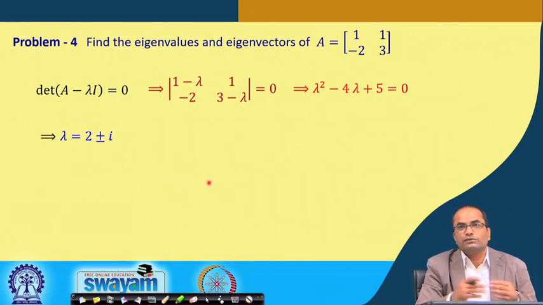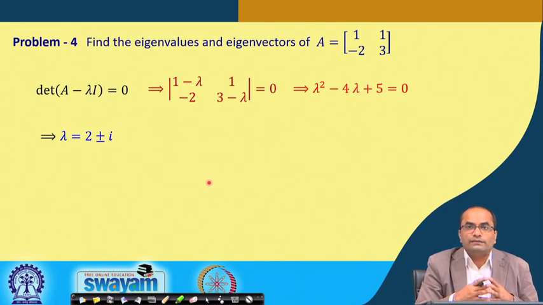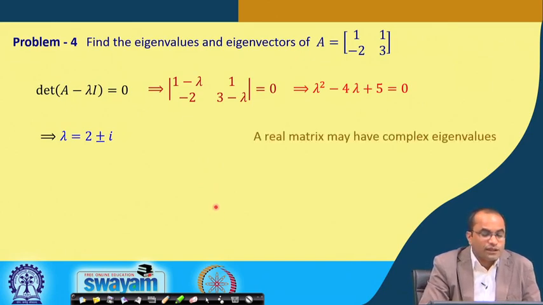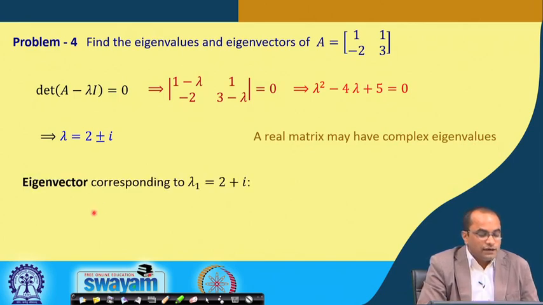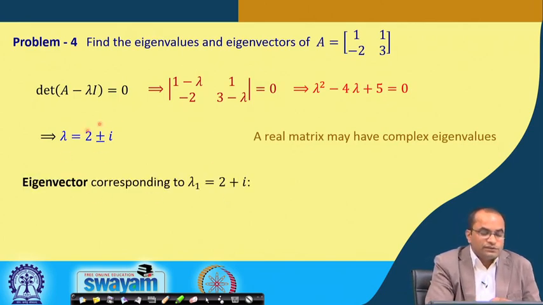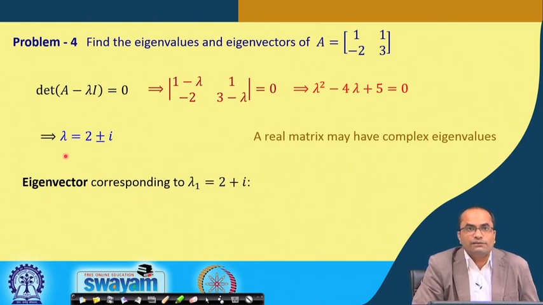So, that again shows that the matrix entries may be real, we can have a real matrix, but still we may get complex roots of the characteristic equation, meaning the eigenvalues may be complex. So, a real matrix may have complex eigenvalues, that is the remark. Then come the eigenvectors corresponding to 2 plus i, the first eigenvalue.